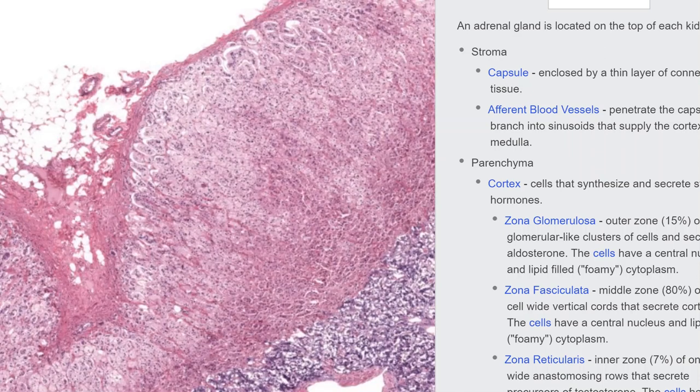All right, so zooming into the adrenal gland just a little bit more, we can see the boundary of the medulla right here. So this is medulla. And then the whole area above it is cortex. And so within the cortex, we're going to have 3 major areas.